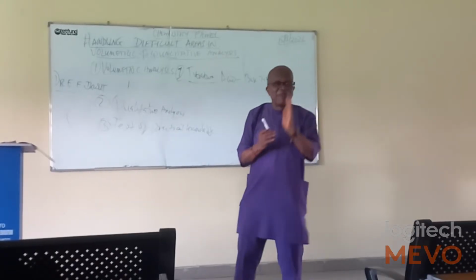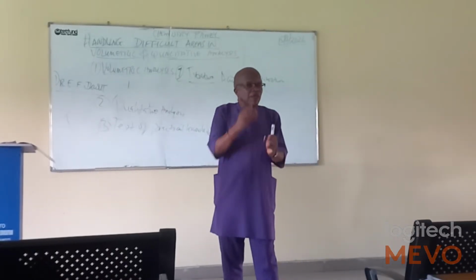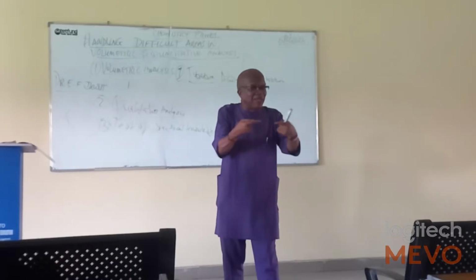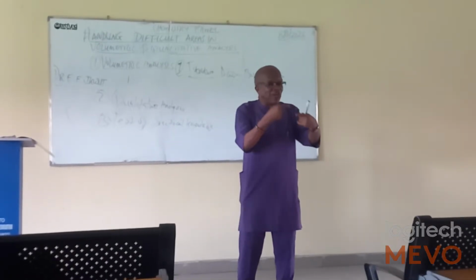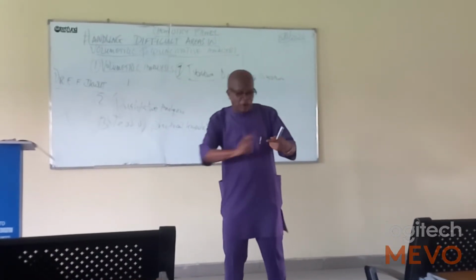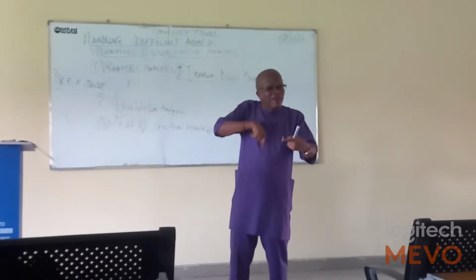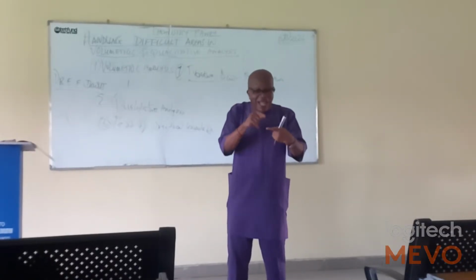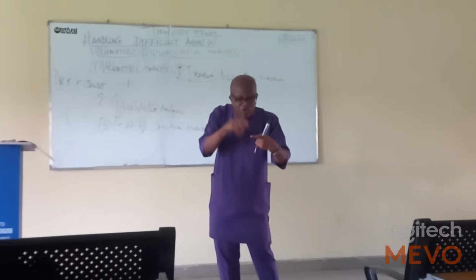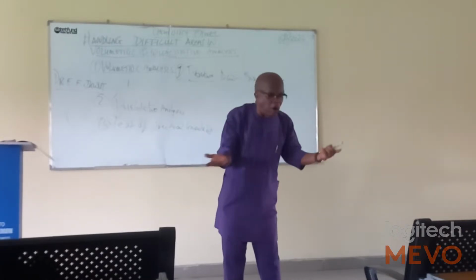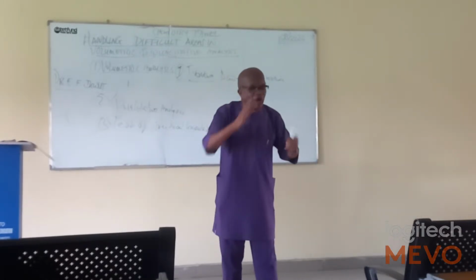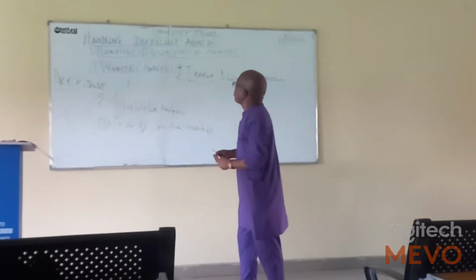Because chemistry is a subject where, as you are carrying out the experiment, whatever observation you have, you have to record. And if the theory is not fully embedded in you, every other thing you are doing practically is guesswork. Let me give you an instance.